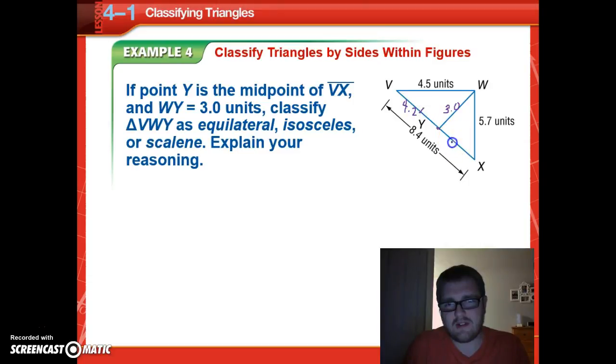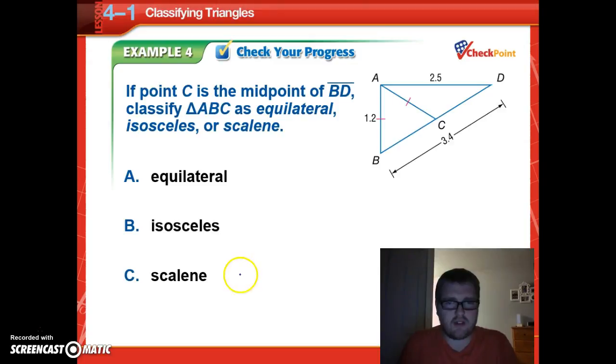So each of these two sides is 4.2. Because VY, YW, and WV are all unequal, we can say that that triangle is scalene.